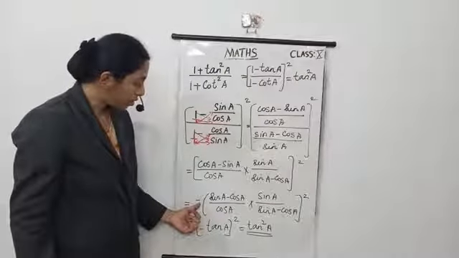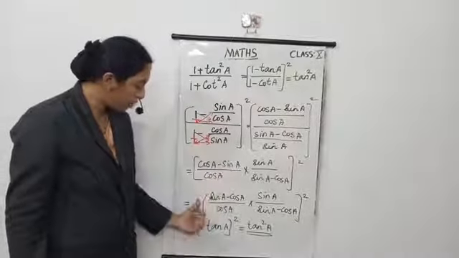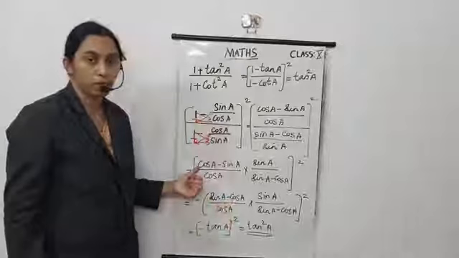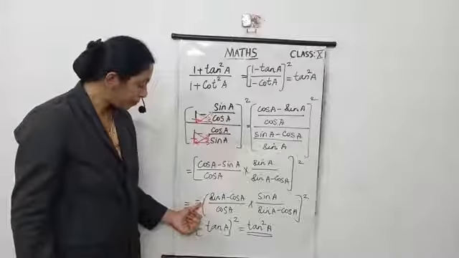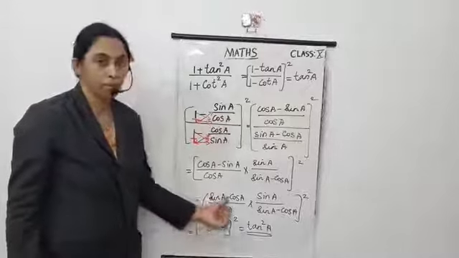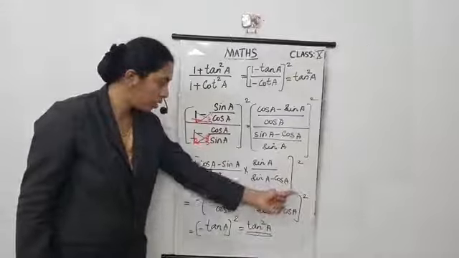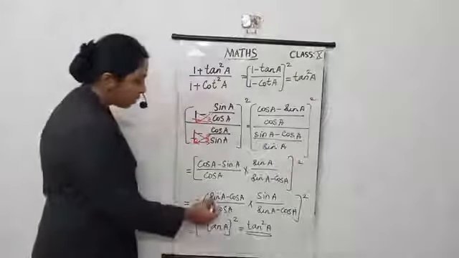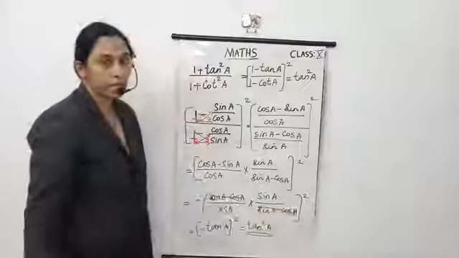Now if we multiply this minus into sin A, we get minus sin A, and minus into minus cos A, we get plus cos A. Okay, so I think all of you understand. So minus of sin A minus cos A by this cos A, then these terms are same, and now all square. Now here sin A minus cos A, here sin A minus cos A, we can cancel.